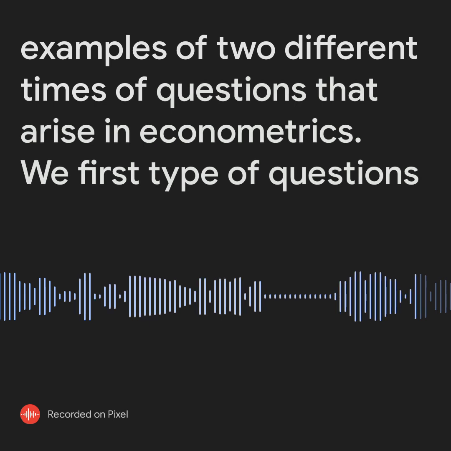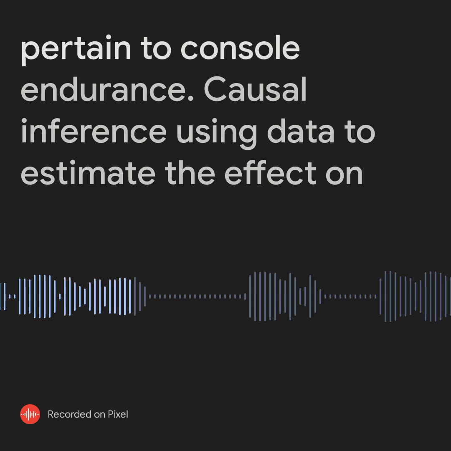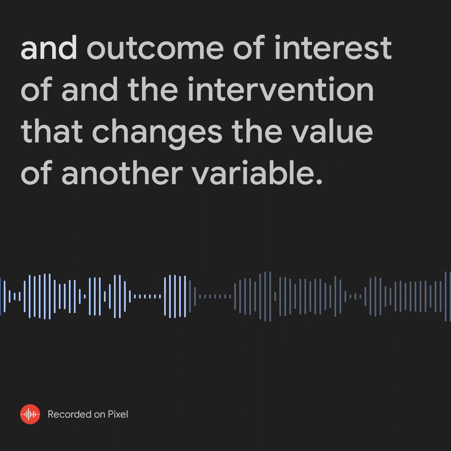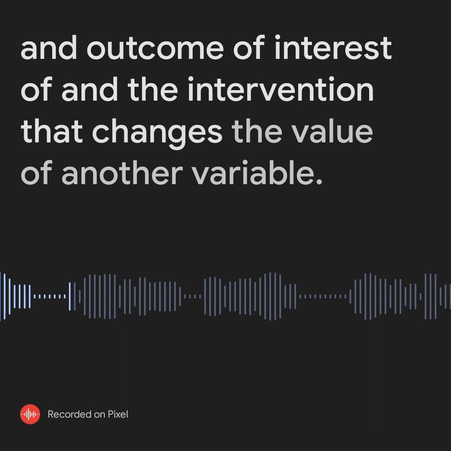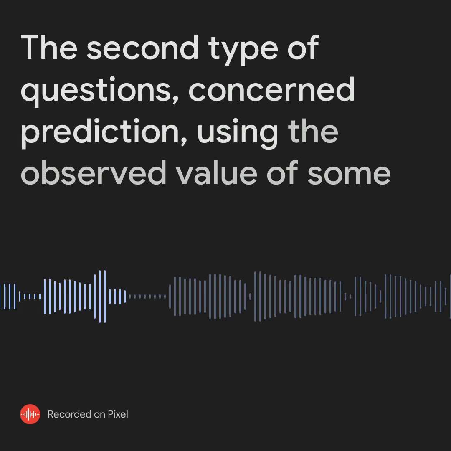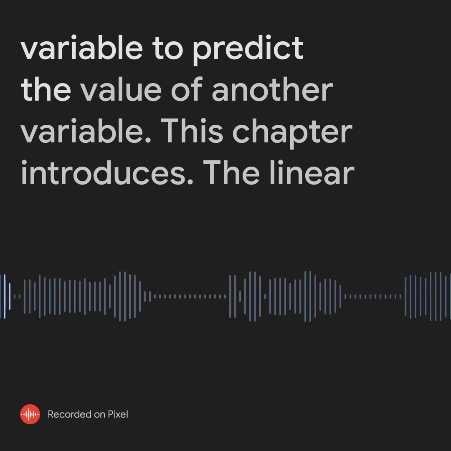The first type of questions pertain to causal inference: using data to estimate the effect on an outcome of interest of an intervention that changes the value of another variable. The second type of questions concern prediction, using the observed value of some variable to predict the value of another variable.